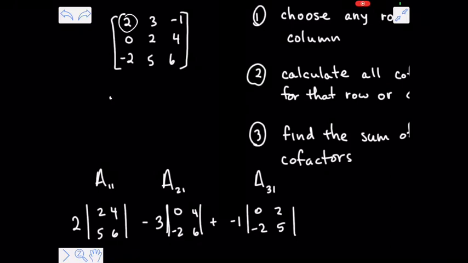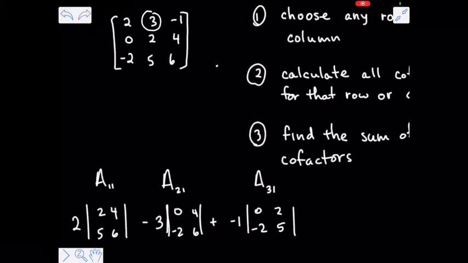So I already found the cofactor here, so now I move across the row and find the cofactor here. So if I cross out that row and column containing that, I put the number here, the number there was 3, and then I have the minor that results there.